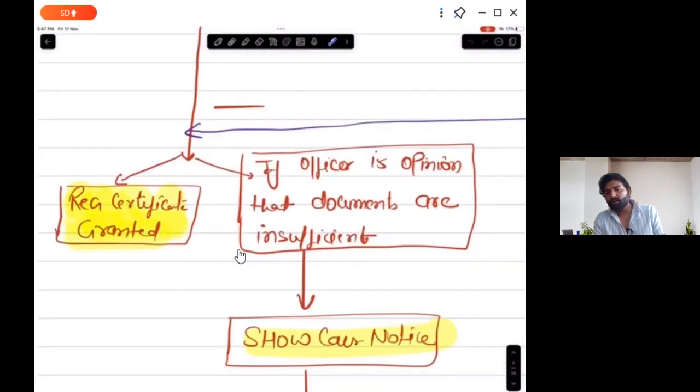And for that also, they will get 7 days to respond. Either they will grant the GST number, or if the document or information is not sufficient, they will issue me a show cause notice.